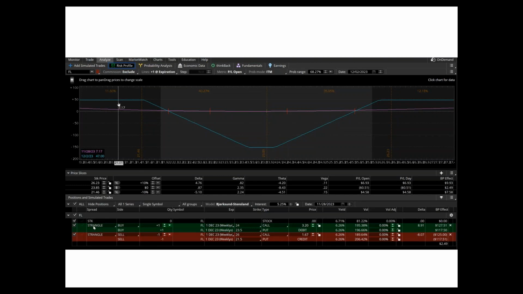We buy this strangle, the 24 call by 23.50 put, and then we sell something that is out of the money to bring in a credit.